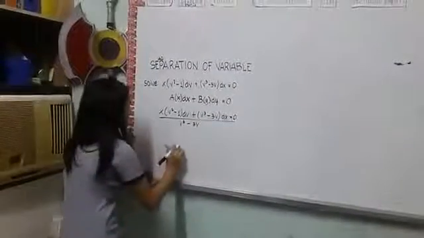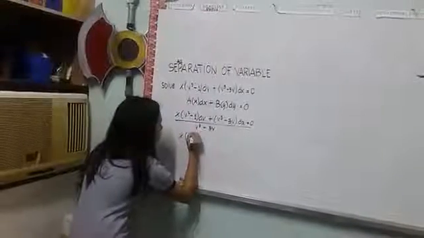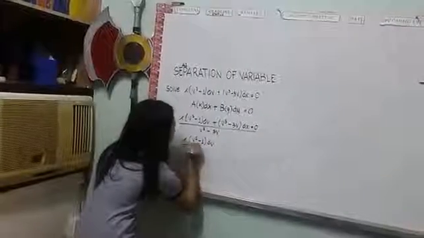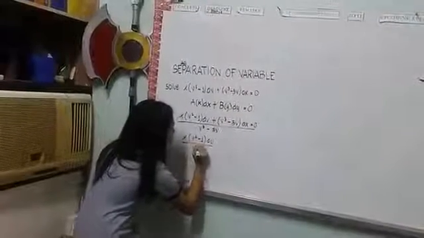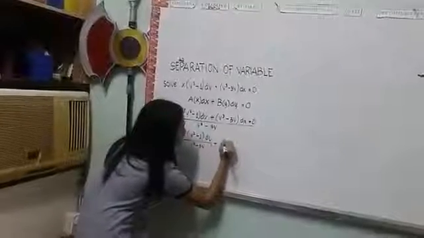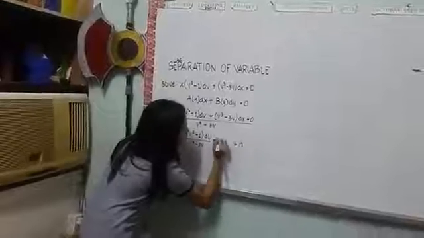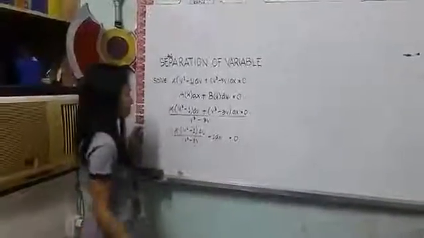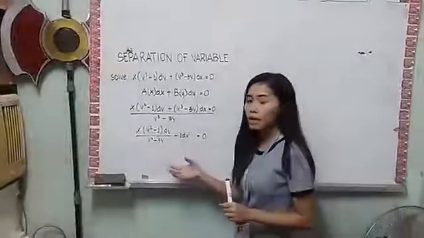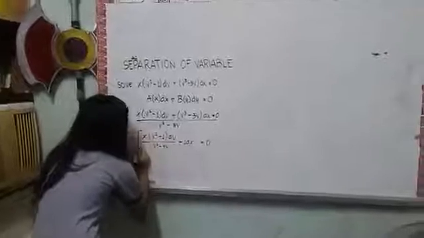So it will become v squared minus 1 dv over v cubed minus 3v plus dx equals 0. So in this equation, we will multiply both sides by 1 over x.